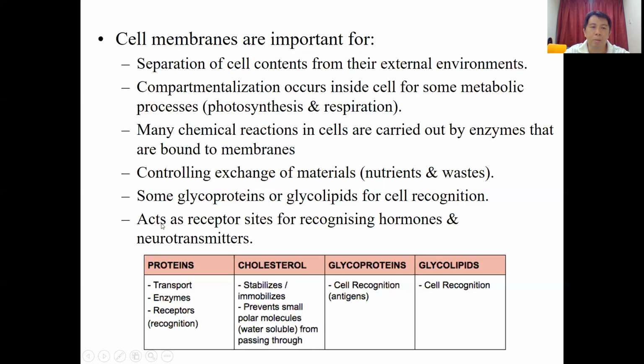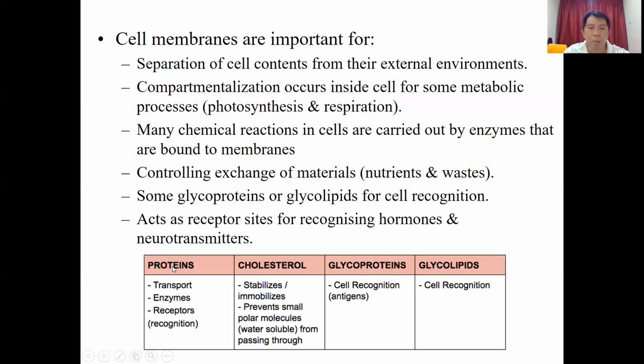The proteins found on the membranes can also be used as receptor sites to recognize hormones or to allow neurotransmitters to bind to them.